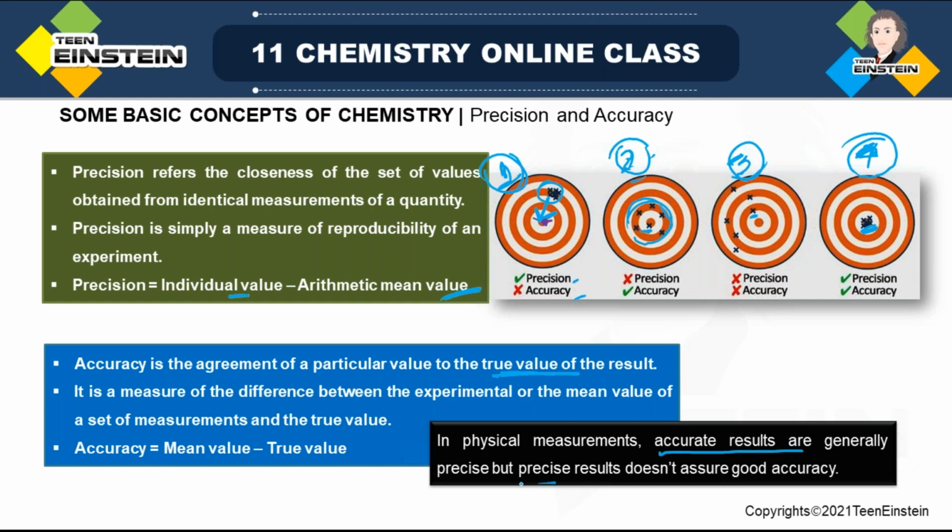That means if you have obtained precise results, suppose each time the values are very close to each other, that doesn't guarantee that it will also be accurate, that they will be close to the true value. That is not necessary. So that is why accurate results are generally precise, but the reverse is not true.